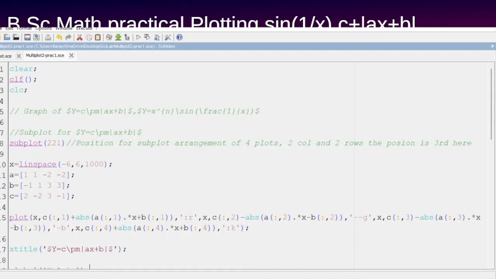Now here we want to plot three kinds of graphs.